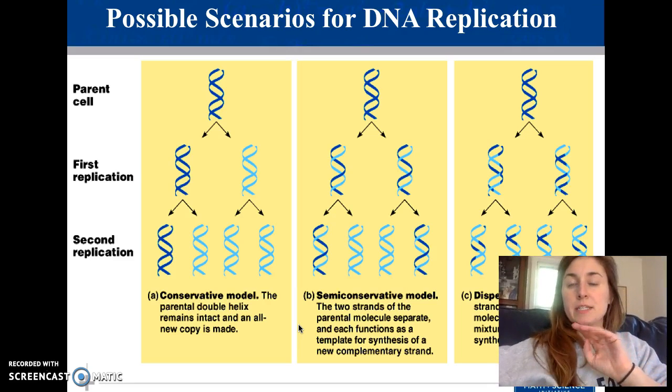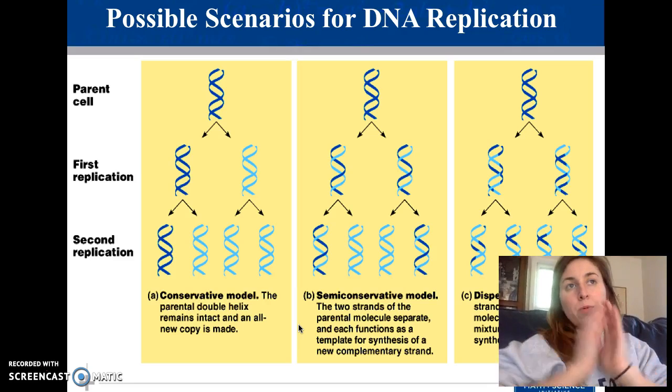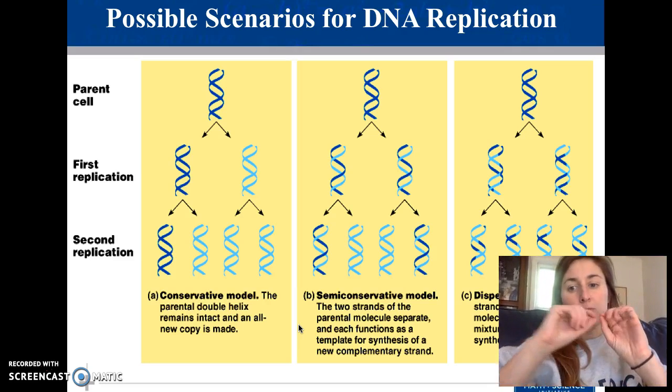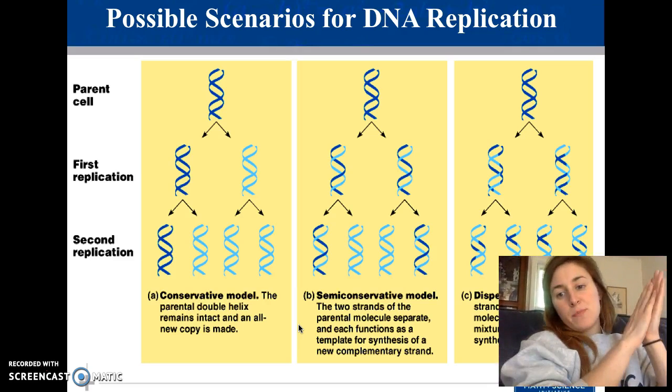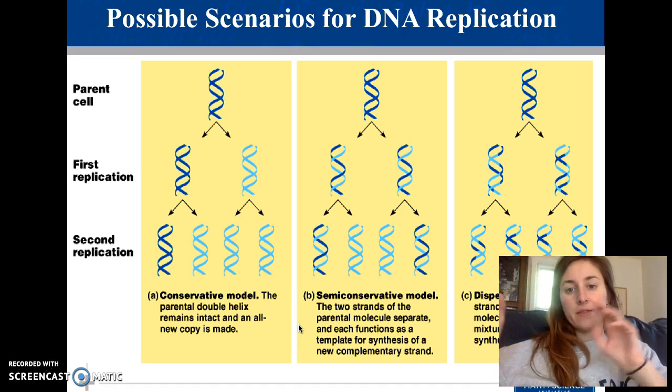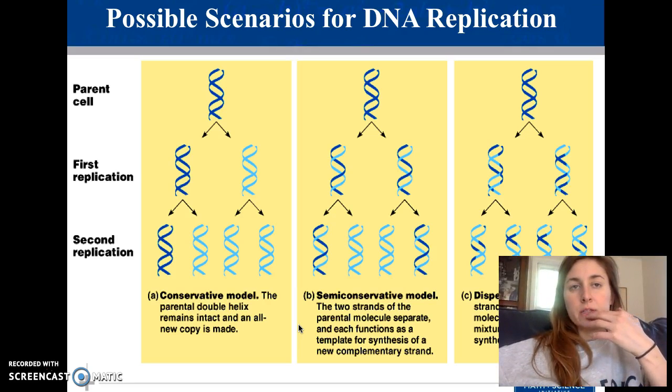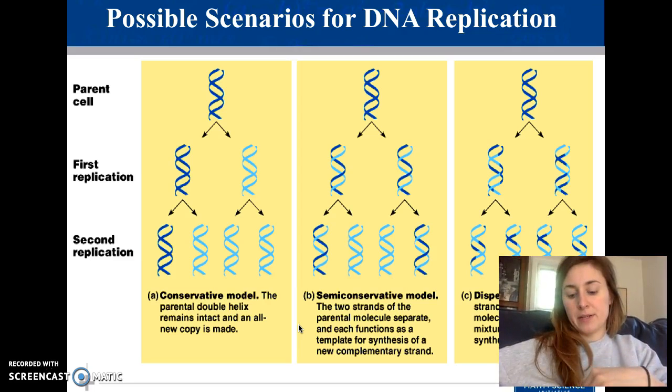The second is the semi-conservative model. This went along with the idea that you would split the DNA in half. You'd get a copy of one half and a copy of the other, and that would be your daughter DNA. And then the final was dispersive, and the idea was that the daughters were always a mixture of chunks of the original parent DNA.